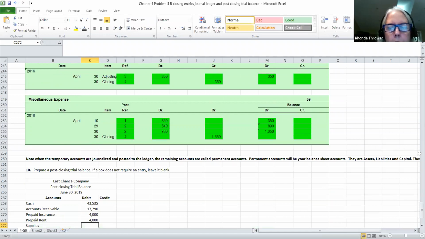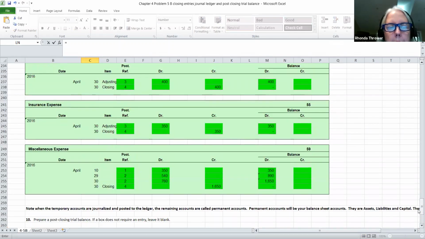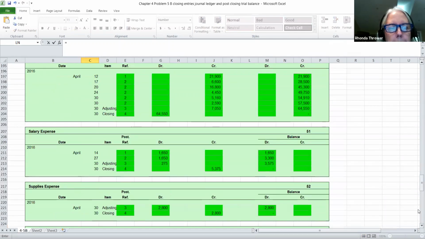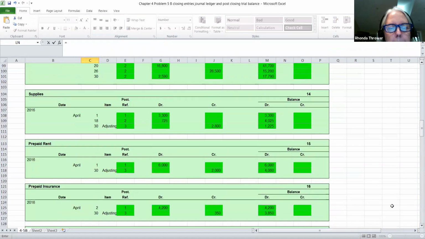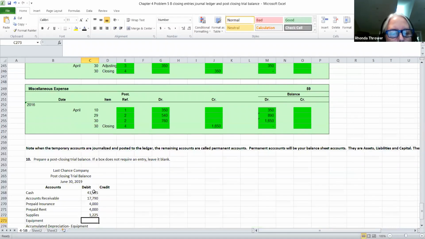And I'm going to pick up my supplies balance. And all of these are asset accounts. They should have debit balances.